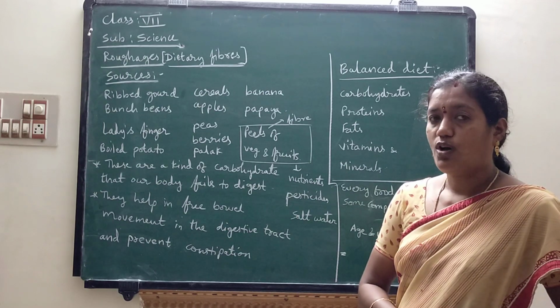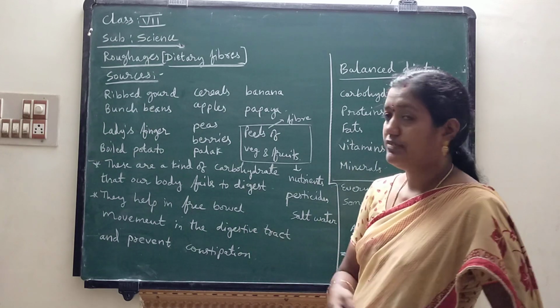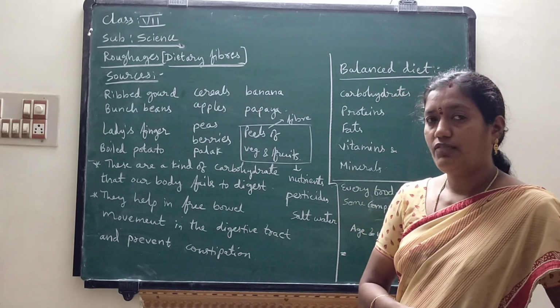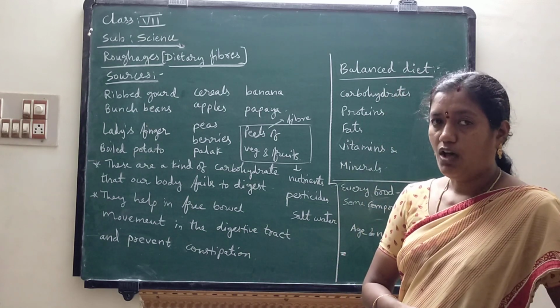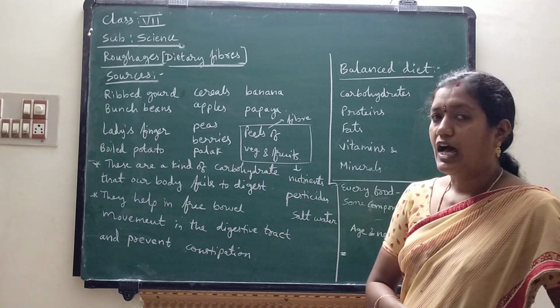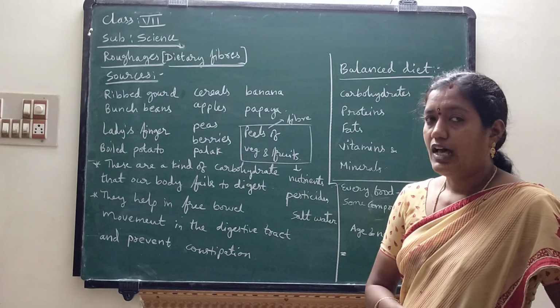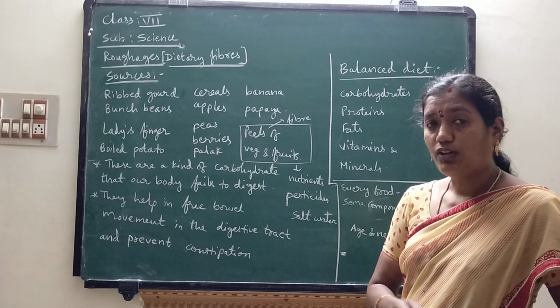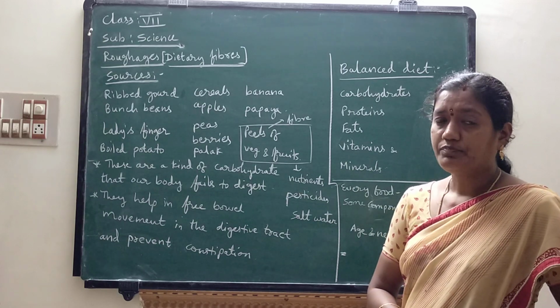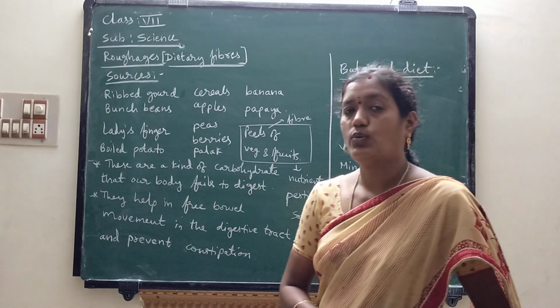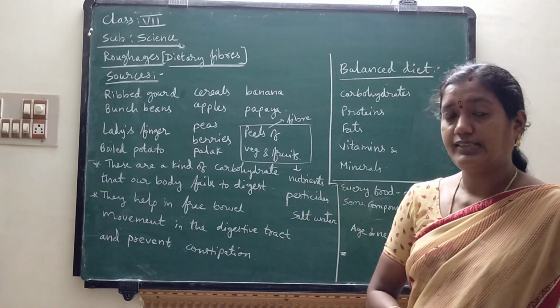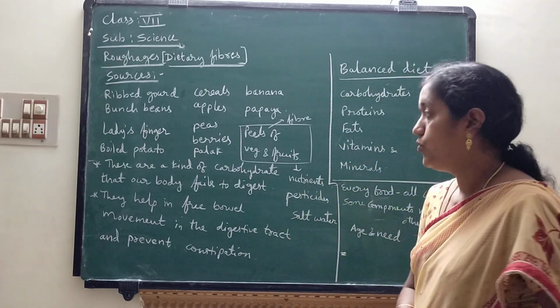What is the use of eating these roughages and in what way do they help our body? Now we will see. These roughages are a kind of carbohydrates only. Children, in essential components, I told you about the carbohydrates. These are the energy giving foods.